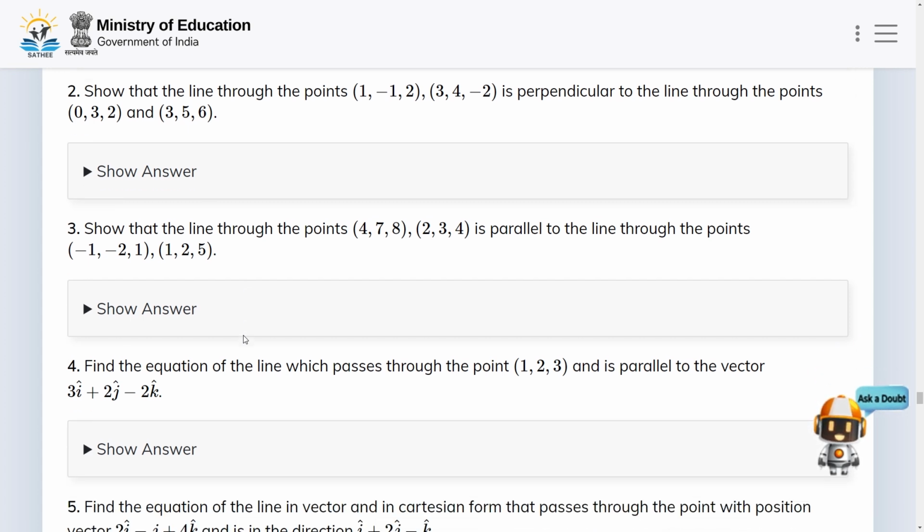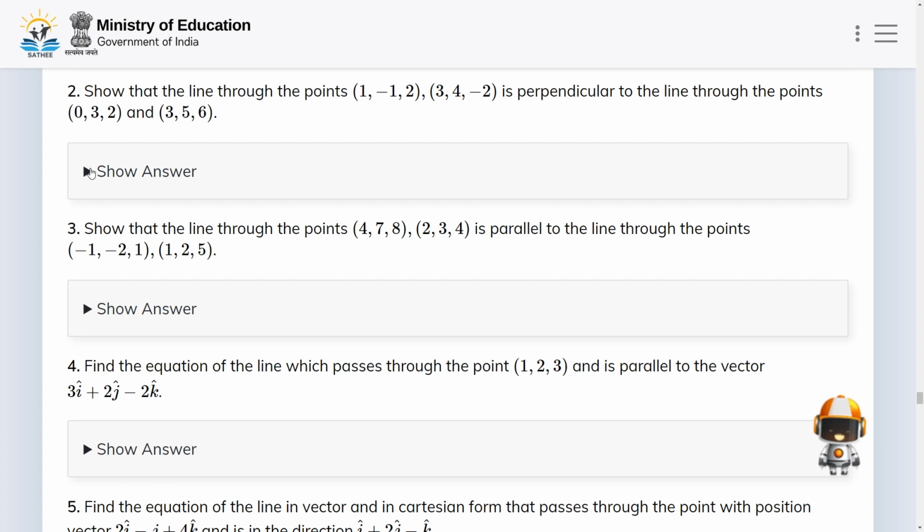Show that the line through the points (1, -1, 2) and (3, 4, -2) is perpendicular to the line through the points (0, 3, 2) and (3, 5, 6). You are given four points. From the first two points you have a line, and another line passes through the remaining two points, and you have to show that both of these lines are perpendicular to each other.